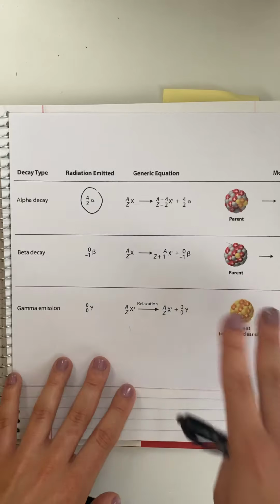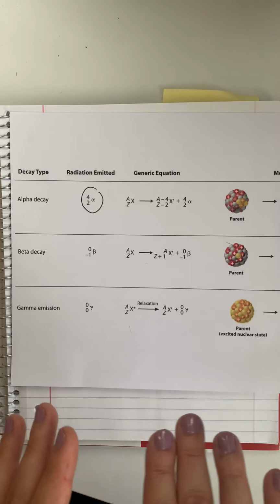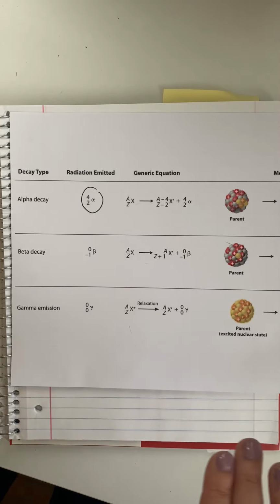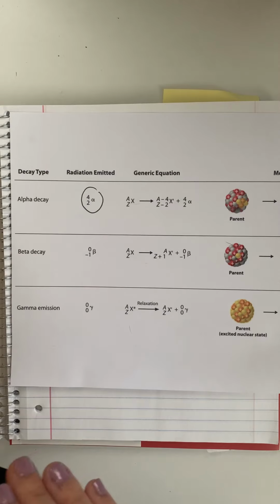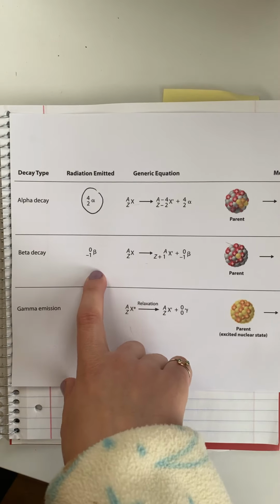So we did talk about 2 different types of beta decay, but we are just going to mainly talk about the regular beta decay, not beta positive decay. We're going to be talking about the beta decay where a neutron turns into a proton. So that's normal beta decay.